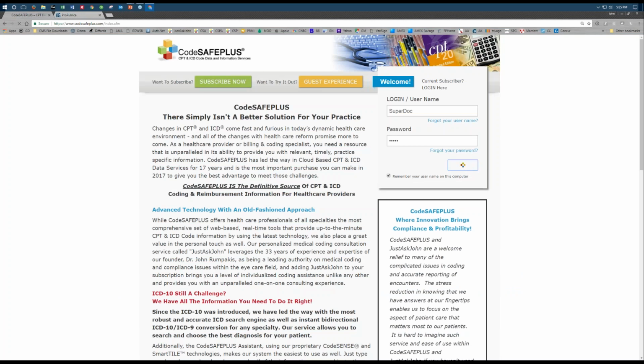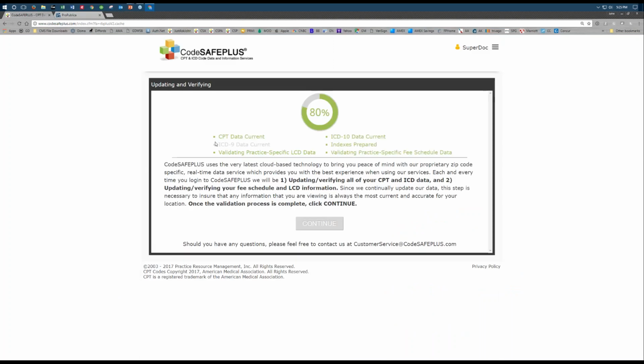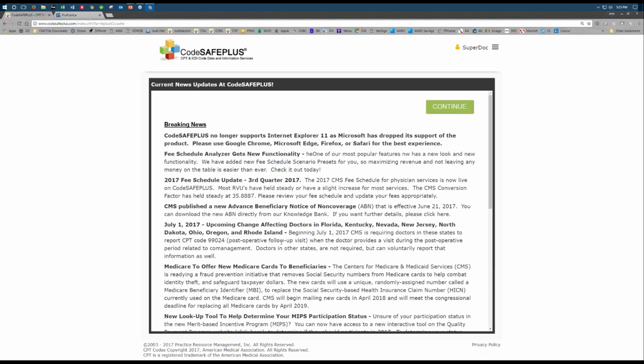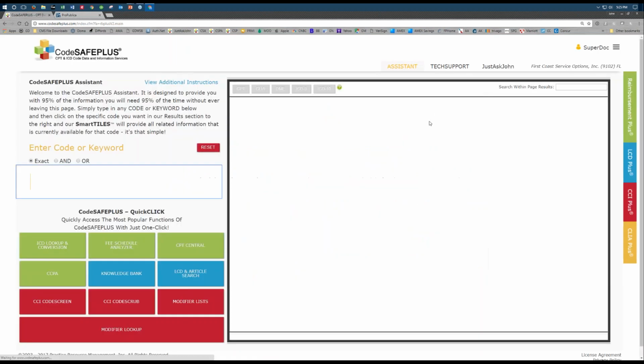And as you know, CodeSafe Plus, a member benefit for IDOC, is a real-time, zip code specific program that provides you with every rule, regulation, and reimbursement for your specific zip code for any CPT code. I was just doing something with an individual in Florida, so this is set to a Florida zip code. And we're going to take a look at some new OCT policy that they have going on in Florida.